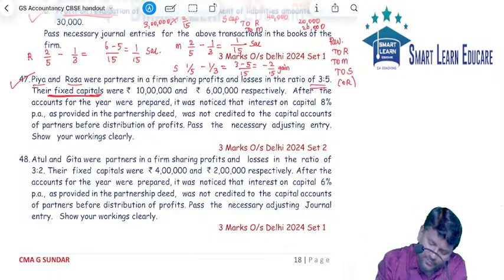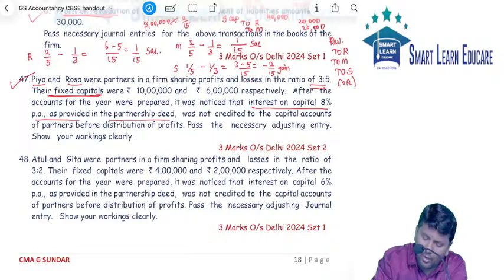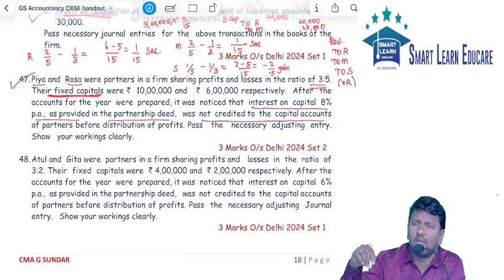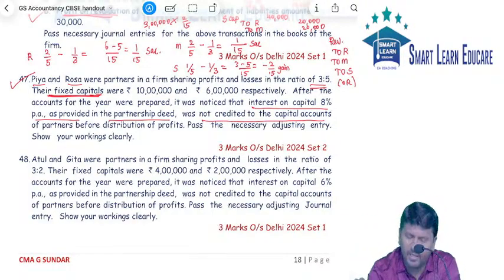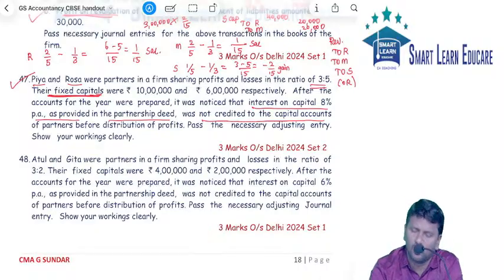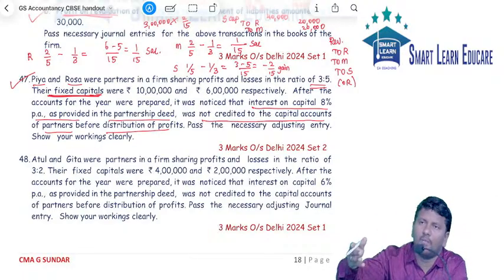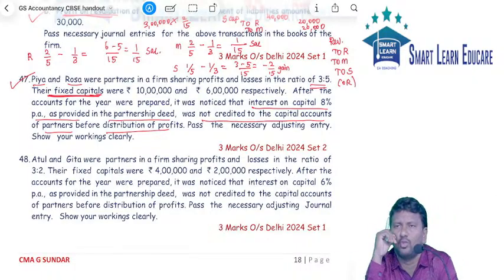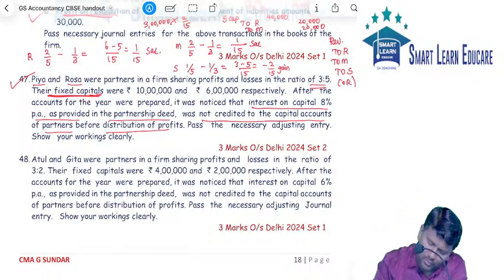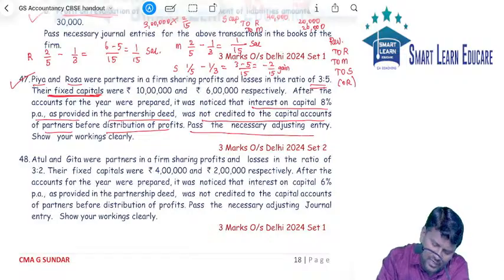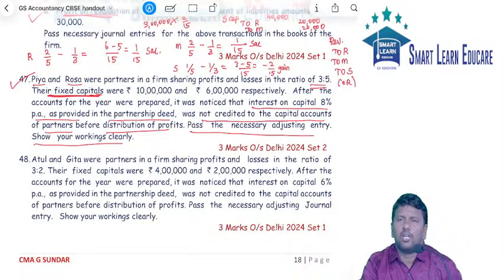After the accounts were prepared, it is noticed that interest on capital at 8%, provided in the partnership deed, was not credited to the capital account. Interest on capital was supposed to be credited, but it was not. This is called complete omission, an error, in rectification of errors. So before distribution of profit, without giving interest, they distributed the profit in the profit sharing ratio. What they are asking: pass the necessary adjusting entry and also clearly show your workings.